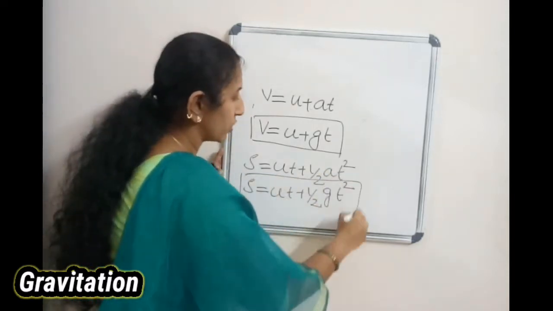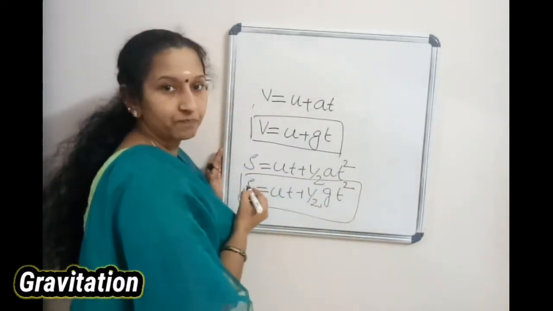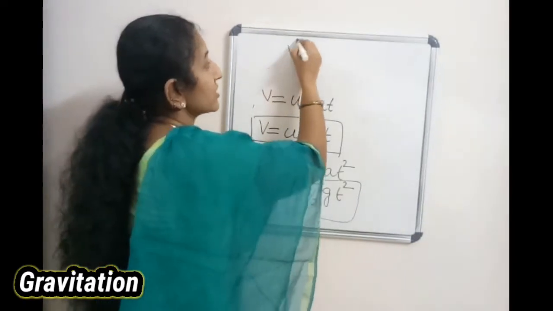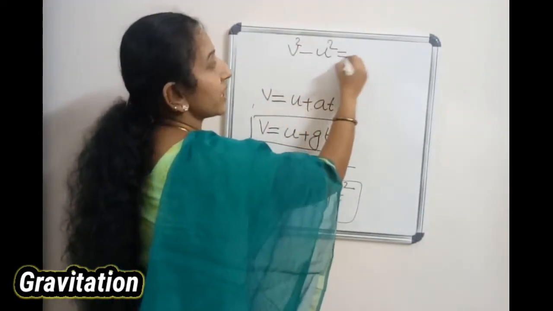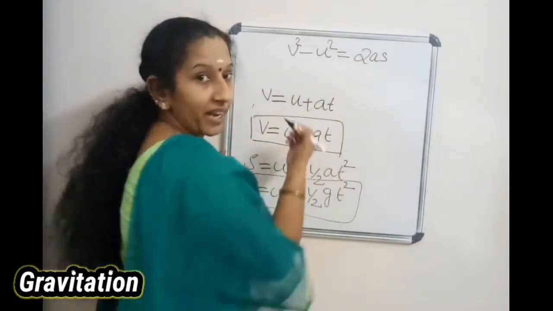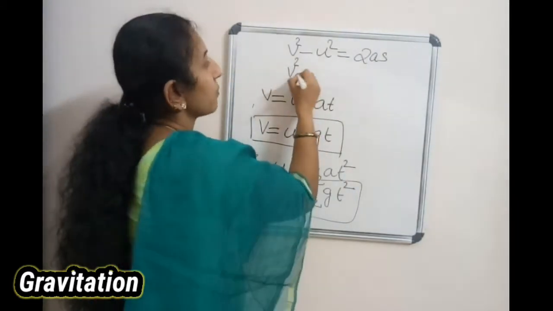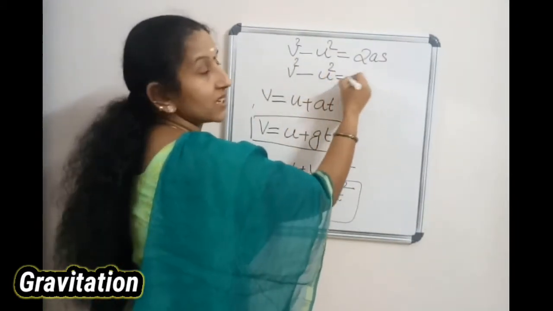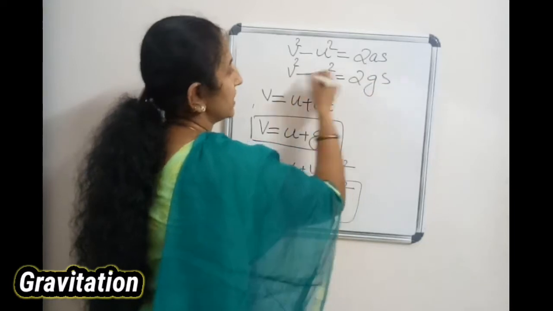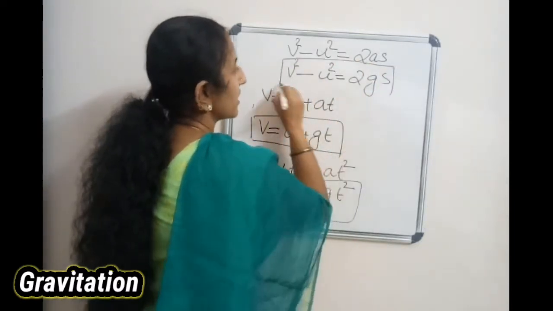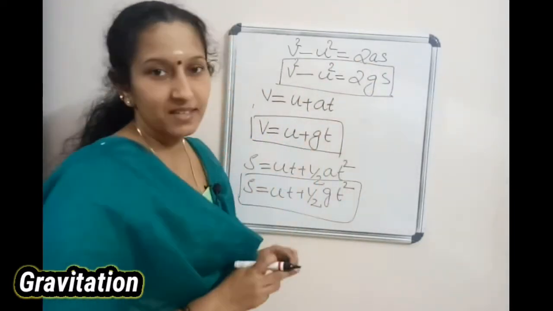The next, v square minus u square equal to 2as, becomes v square minus u square equal to 2gs.